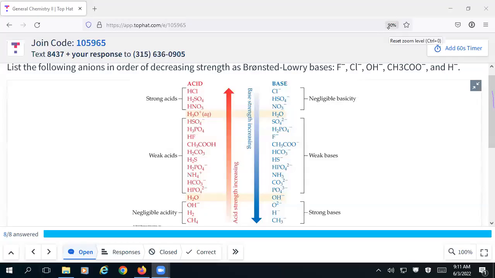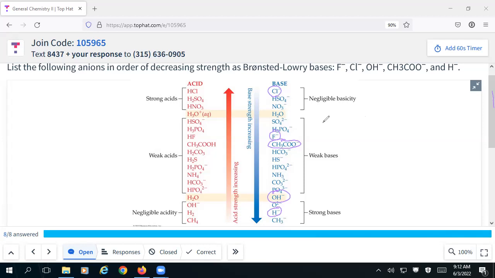All right, let's see how we did. So we need to put these in the correct order from strongest to weakest. Hydrogen ion was one of them. Acetate ion was another. Hydroxide was another. Fluoride and chloride were there as well.